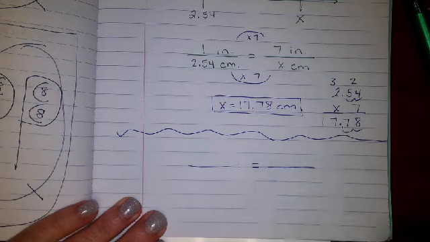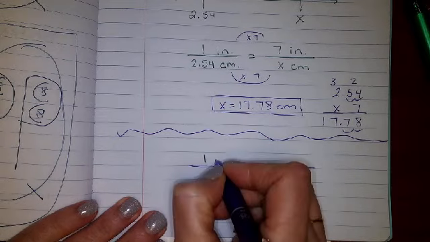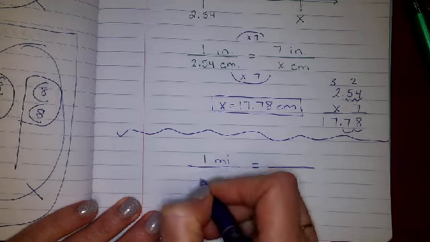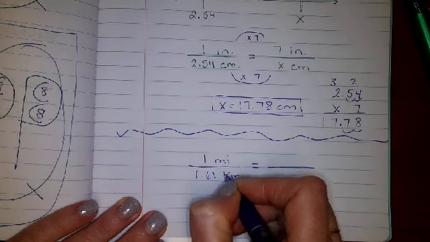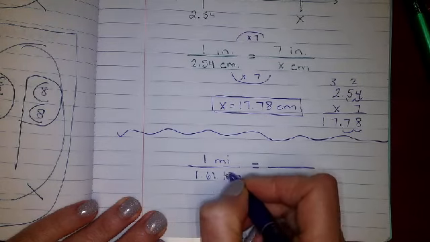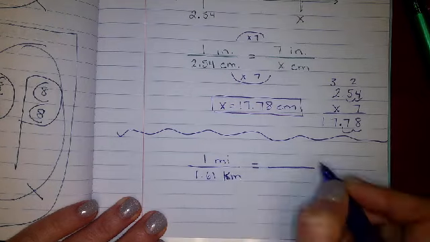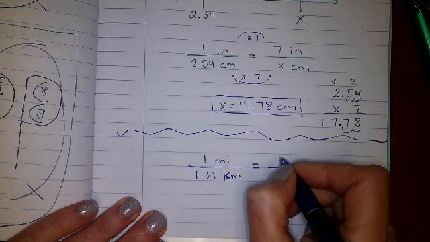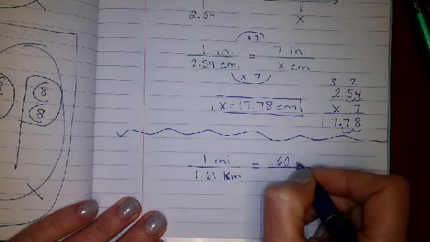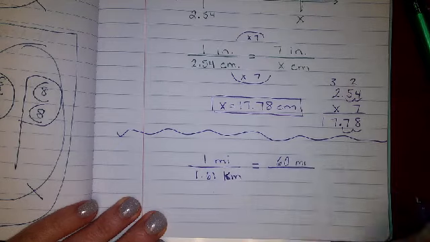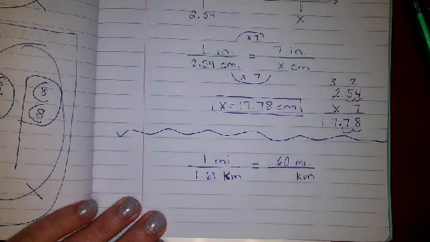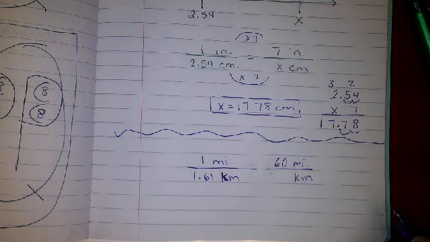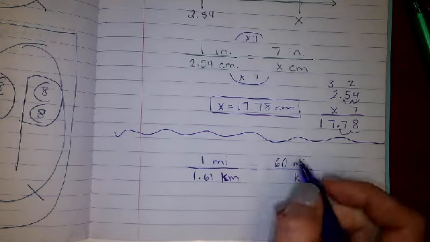So they give me the information that 1 mile is equal to 1.61 kilometers. And I'm driving 60 miles an hour. And I want to know how many kilometers I'm going in that time.